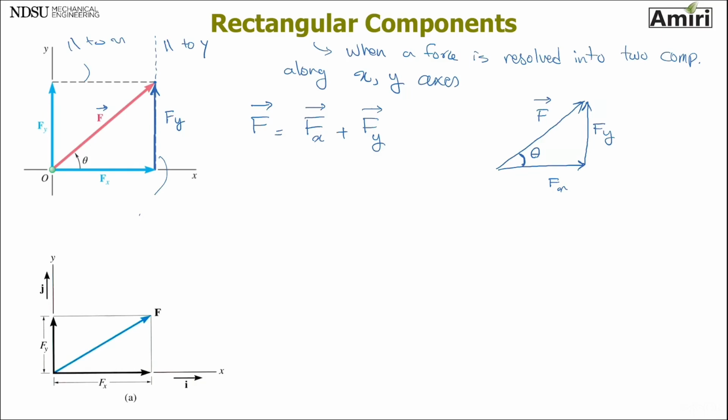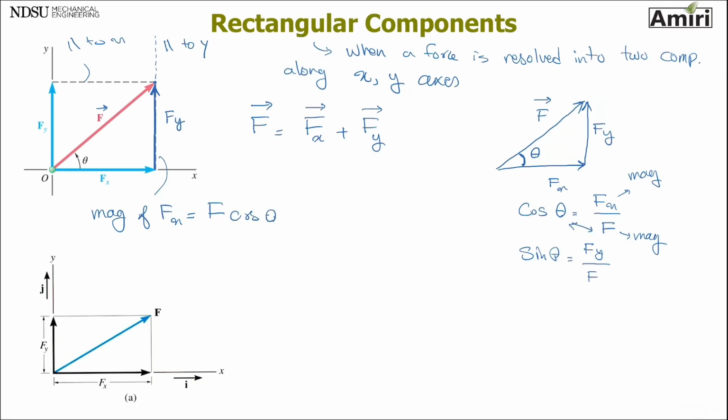So let's see. Cosine of theta is adjacent over hypotenuse, which is Fx over F, magnitude of Fx over magnitude of F. Sine theta is Fy over F. So magnitude of Fx is F cosine theta.